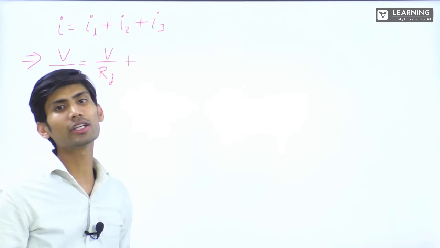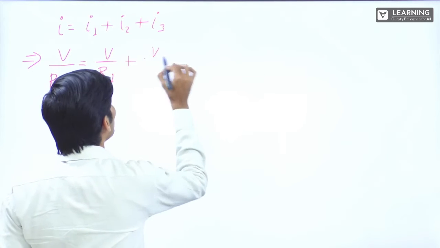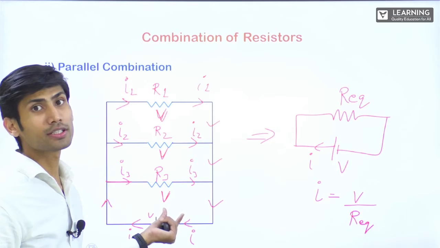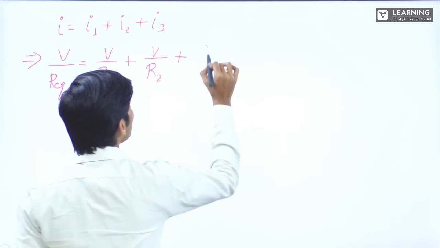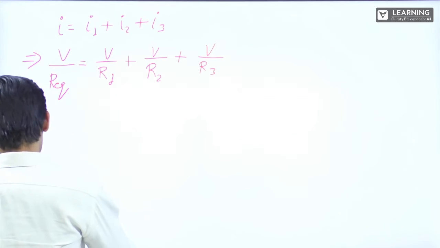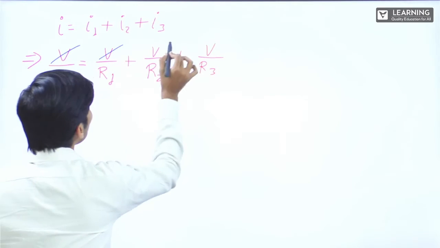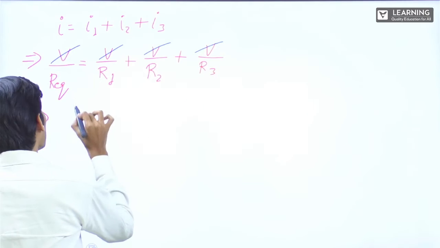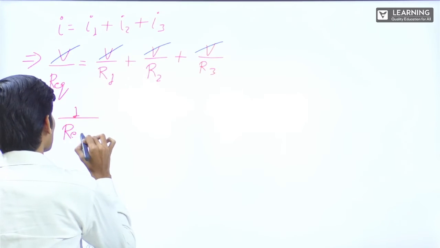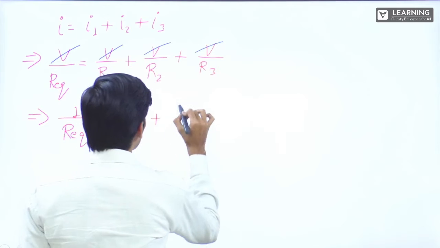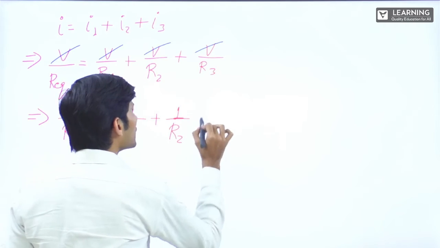Resistor is R2, potential difference is V, so V by R2. What will be I3? Resistor is R3, potential difference is V, so V by R3. From here, this V is cancelled. What we are left with is 1 upon R equivalent is equal to 1 upon R1 plus 1 upon R2 plus 1 upon R3.